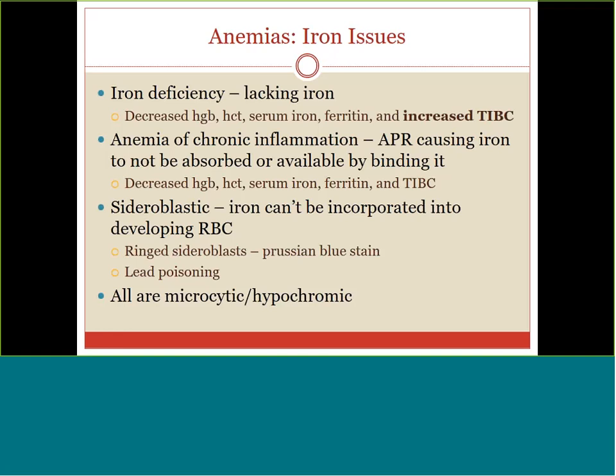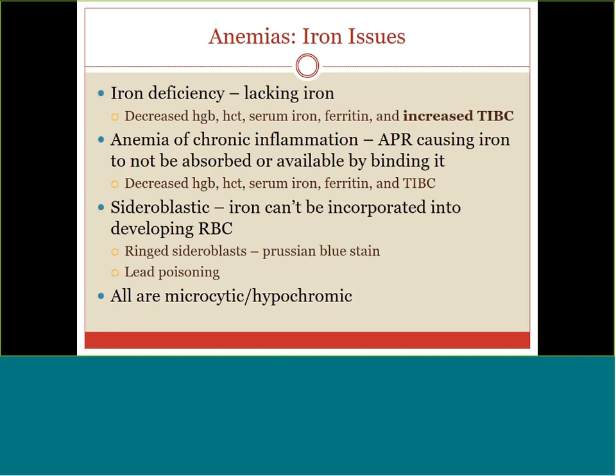So you will see on a bone marrow, if you stain it with Prussian blue stain, the stain we use for staining iron, in somebody that has sideroblastic anemia, you would see what we call ring sideroblasts. They would show the iron granules circling around, waiting to get put into the red cell, into that protoporphyrin ring, but they can't. They're just circling, waiting.